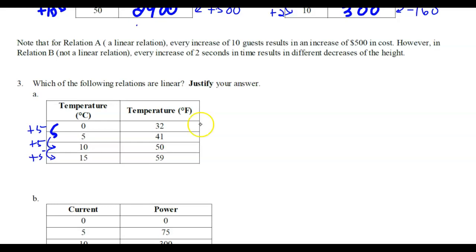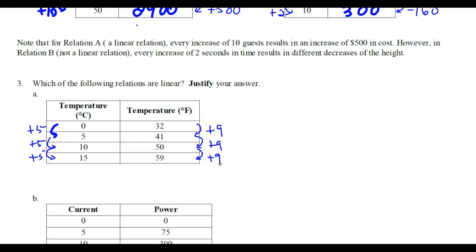Over here, this is increasing by 9. This is by 9. And this is by 9. So for every increase of 5 in temperature in degrees Celsius, it's an increase of 9 in degrees Fahrenheit. Every time. So that is linear.